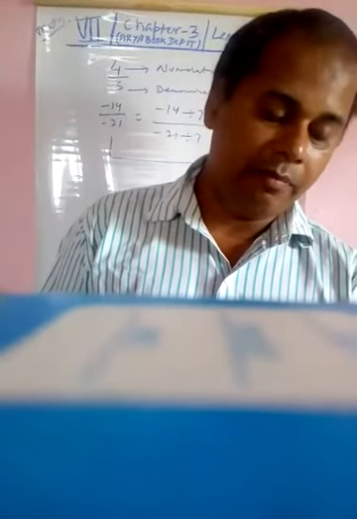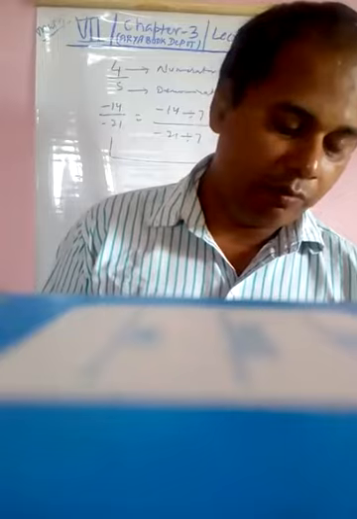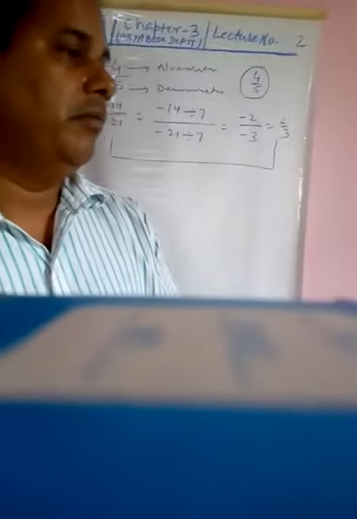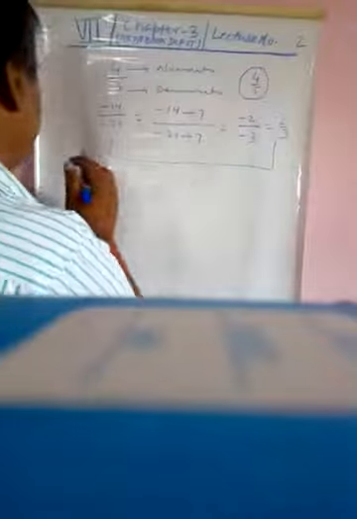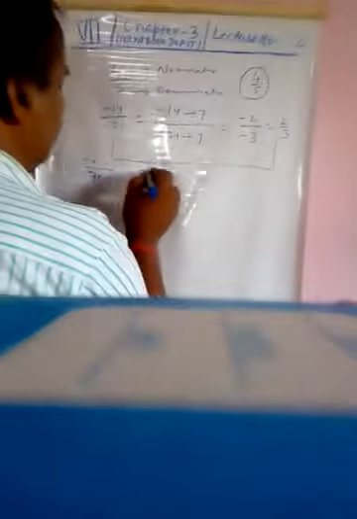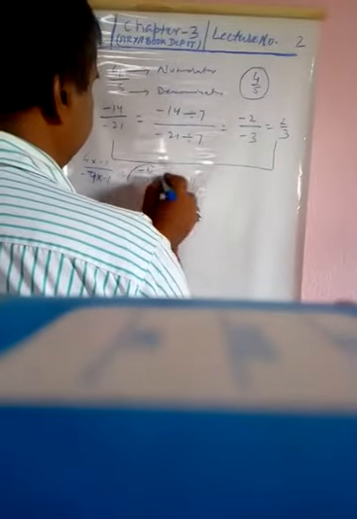Example, 4 by minus 7 is equal to 4 into minus 1 by minus 7 into minus 1, and it will be equal to minus 4 by 7.